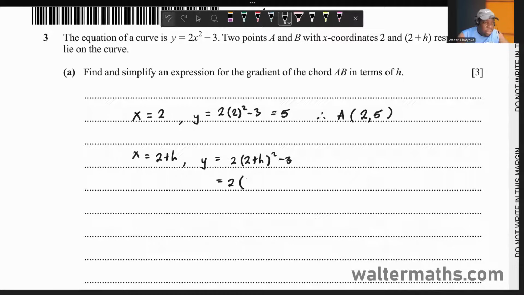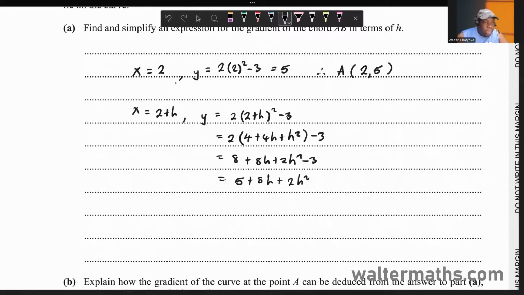So that's 2 of 4 plus 4h plus h squared, if we expand, minus 3, which is 8 plus 8h plus 2h squared minus 3. So it's basically 5 plus 8h plus 2h squared. So B has coordinates 2 plus h and 2h squared plus 8h plus 5.